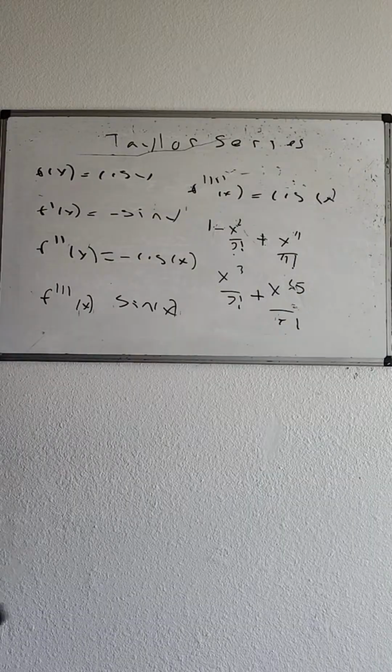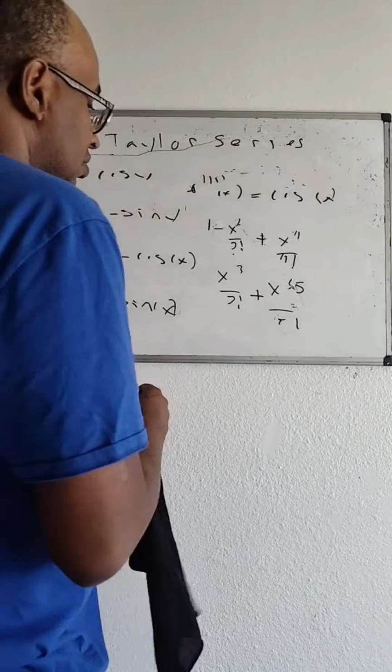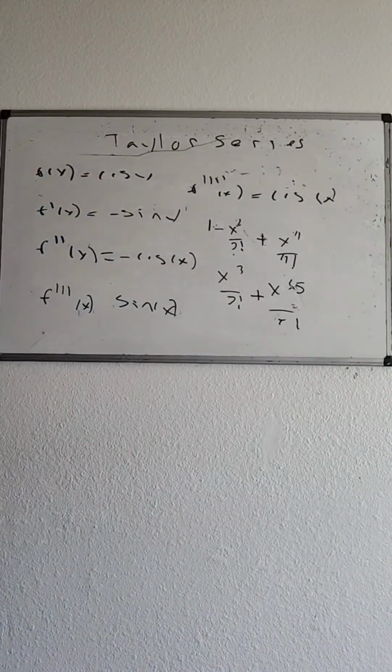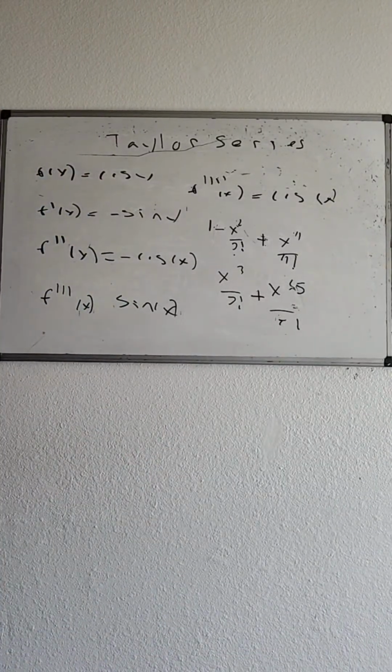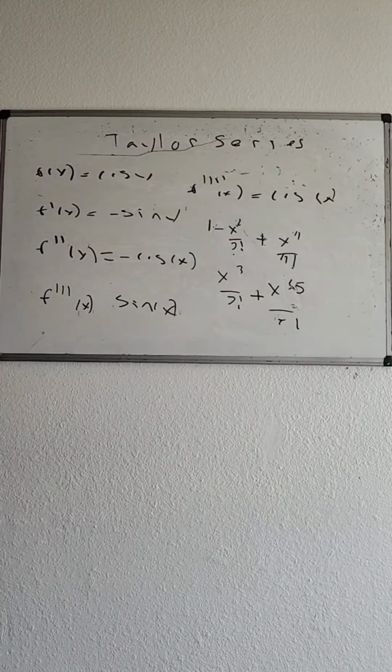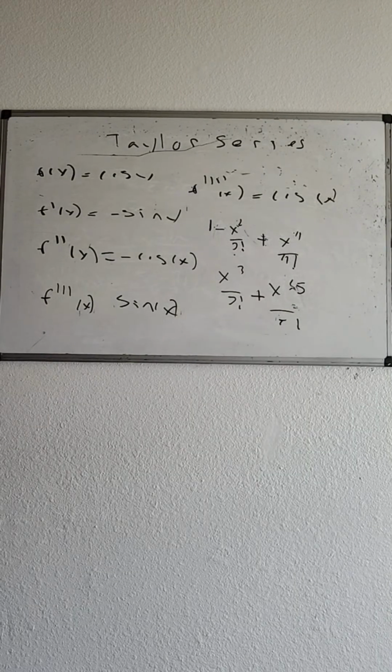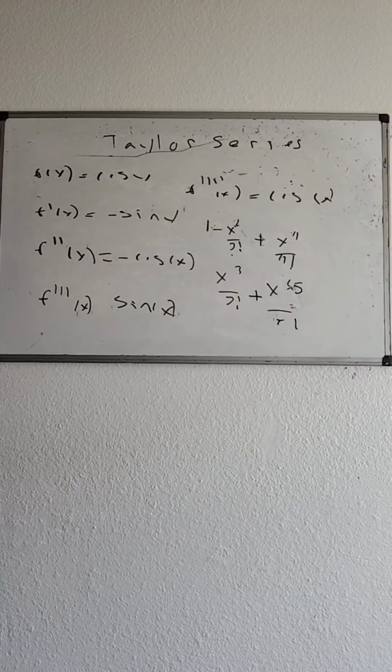So that's pretty cool. You start at 0, right? We gotta start at 0. That'll give us our desired number. You're doing it around the origin.